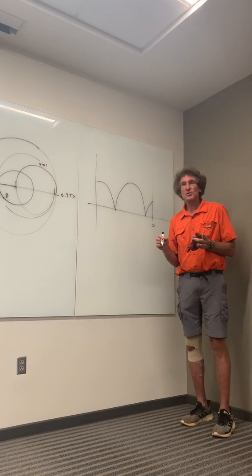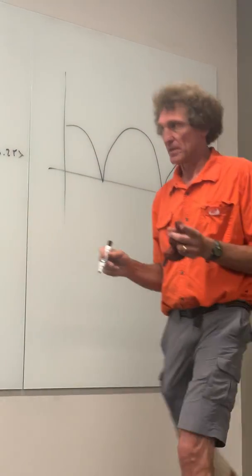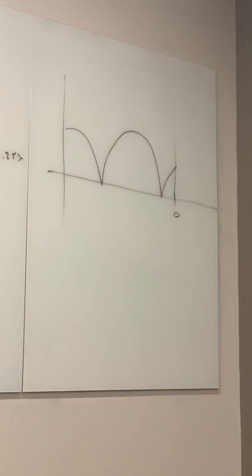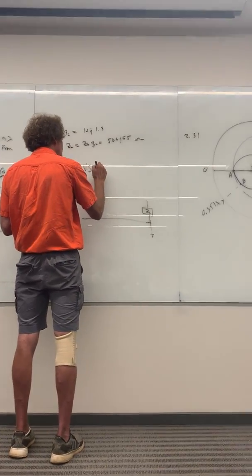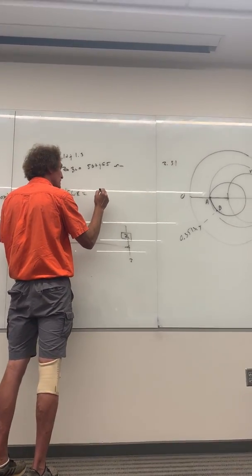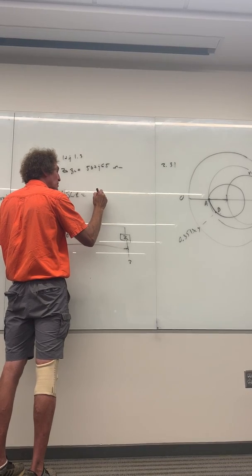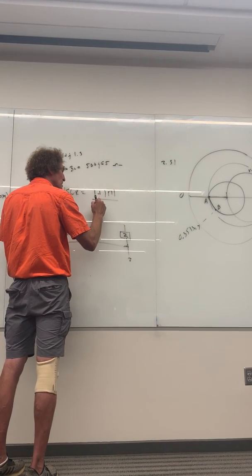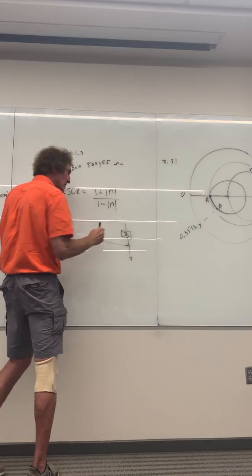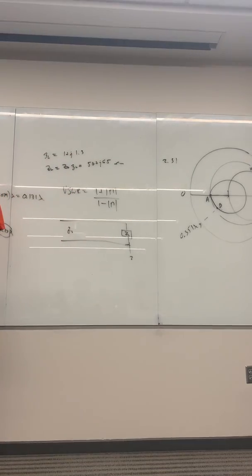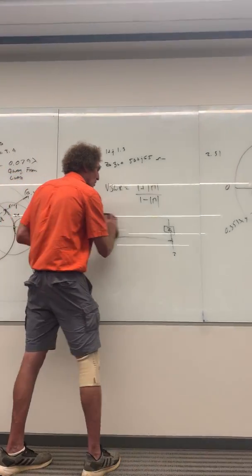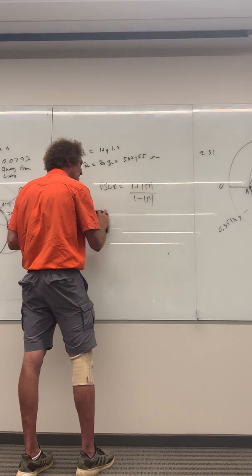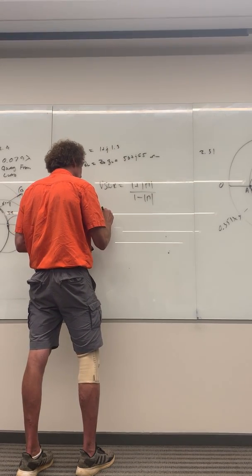Now, when it's a short circuit, the VSWR is infinite. Let me just show you this. VSWR is equal to, if you think about it, 1 plus the magnitude of the reflection coefficient of the load over 1 minus the magnitude of the reflection coefficient. Well, what is the magnitude of the reflection coefficient if it's a short?